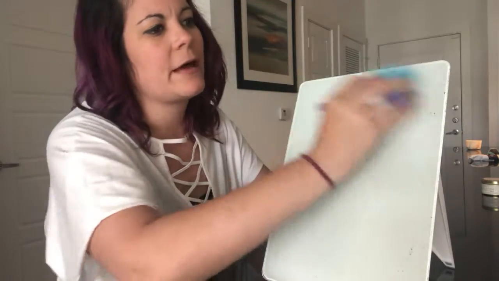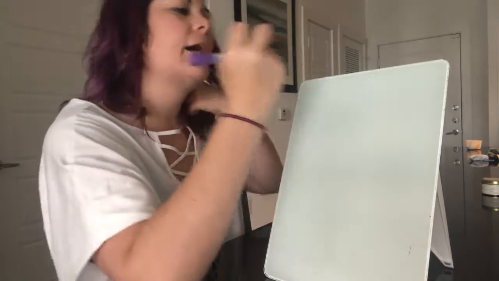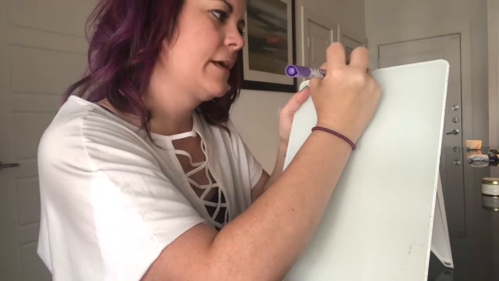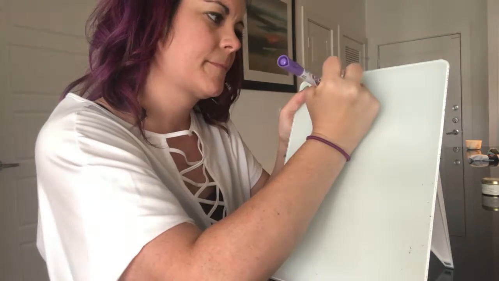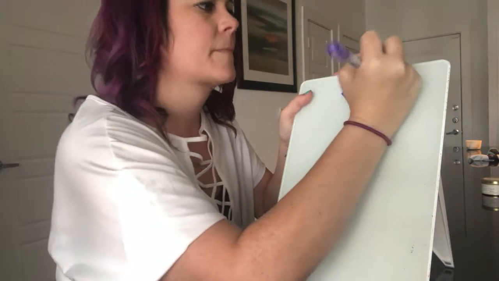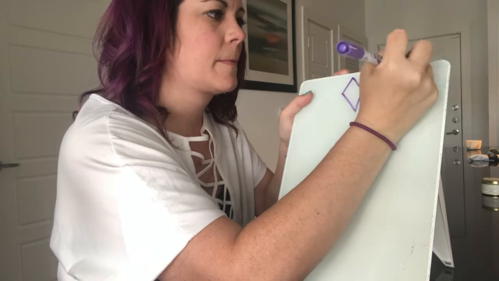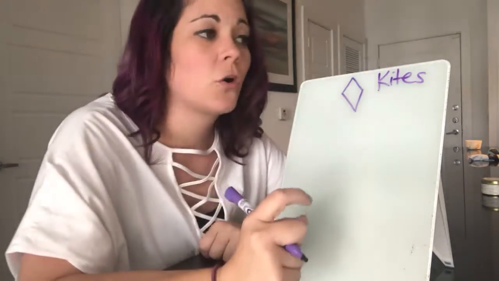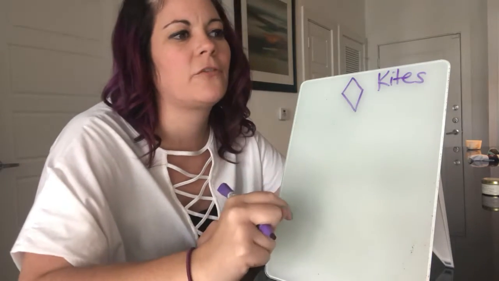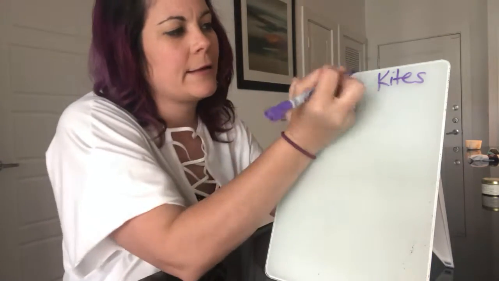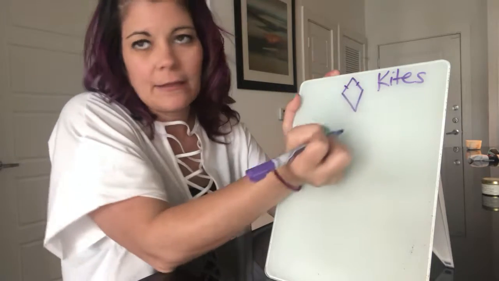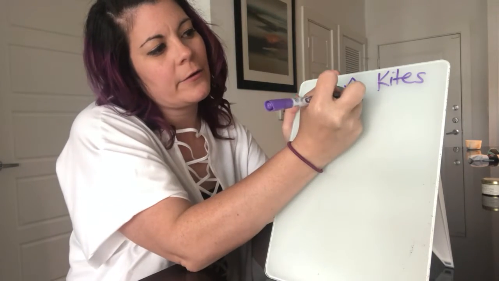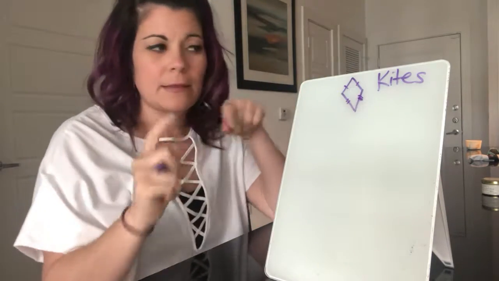Let's talk about kites. So a kite looks like a diamond. The definition of a kite is a quadrilateral with two distinct pairs of congruent adjacent sides. So this side is congruent to that side, and then this side is congruent to that side. Adjacent means side by side.